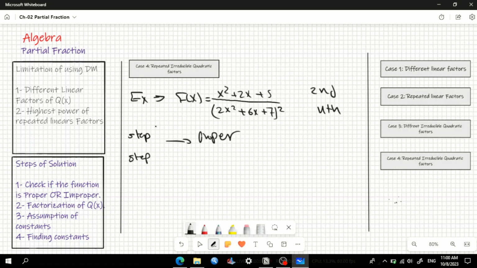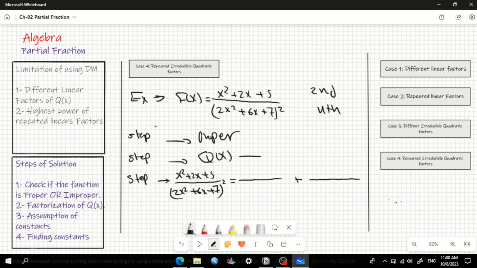Step 2, we have q of x is a repeated irreducible quadratic factor, so q of x is already factorized. Okay, move to step 3, just assume our constants here, so just rewrite that: x squared plus 2x plus 5 by 2x squared plus 6x plus 7 squared will be as that.